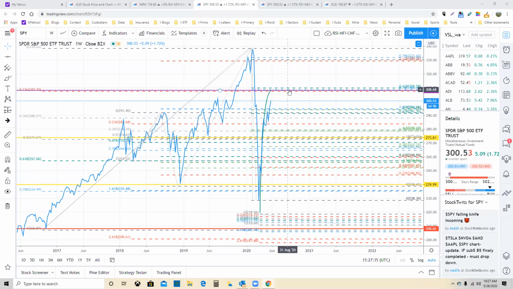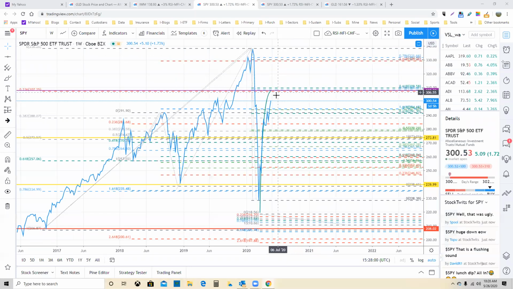But 307, 308, 309, if it goes through that means something good's going on as far as the economy, or there's just so much money that we're going to push it up another set of levels. This is a big jump. I mean, there's nothing in here. It's just air. So if it goes through, it's probably going to rally hard and fast.